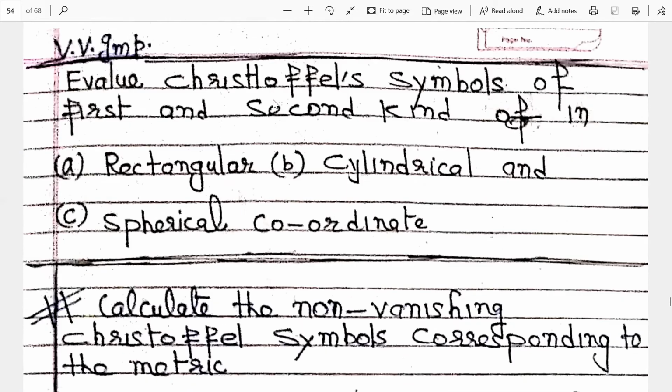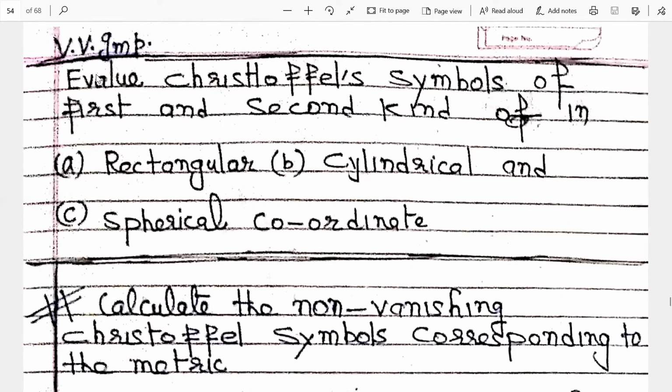Now, in our next part, this is a very important result. Evaluate the Christoffel symbols of the first and second kind in rectangular, cylindrical, and spherical coordinates. Right? So it is an exercise for you. So calculate. So this is again a mistake, so that is evaluate.